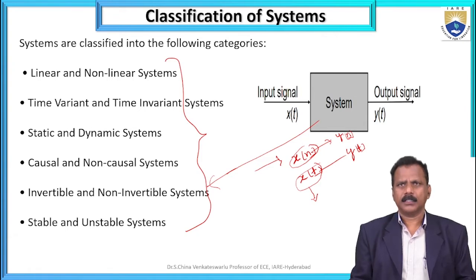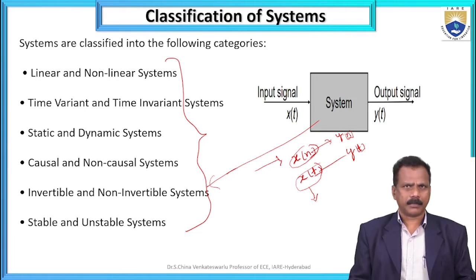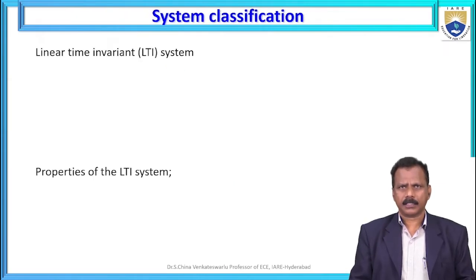Then we will verify how our discrete time system is reflected in linear and non-linear, time variant and time invariant, static and dynamic, causal or non-causal, invertible or non-invertible, and finally stable or unstable systems. We will decide within this system classification.